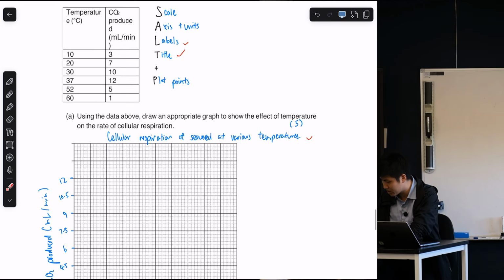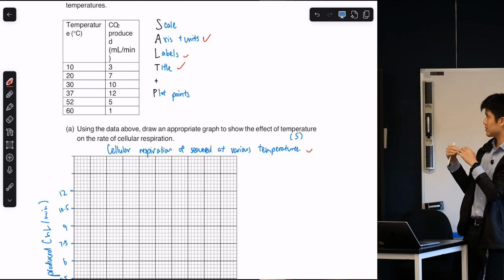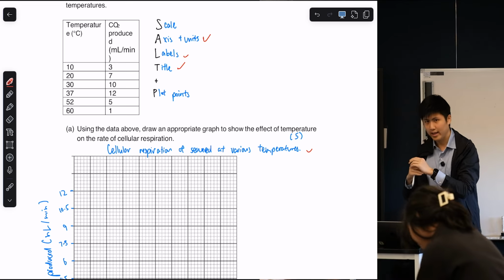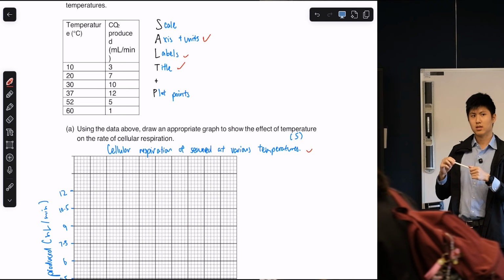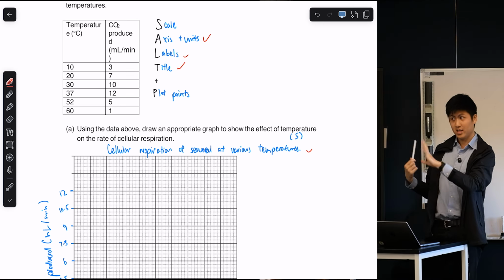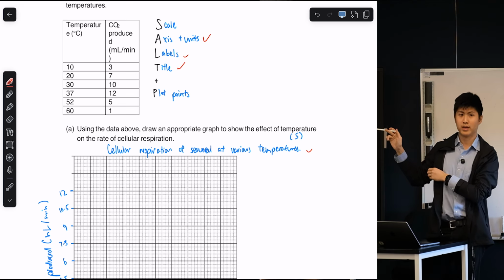Axes can be a bit tricky. How I like to remember it is there's 2 ways. Independent should go on the x and dependent should go on the y, right? So can someone tell me what the independent variable is? Yeah, it's temperature. Yep, that's because the independent variable is what we're changing and the dependent variable is what we are measuring.